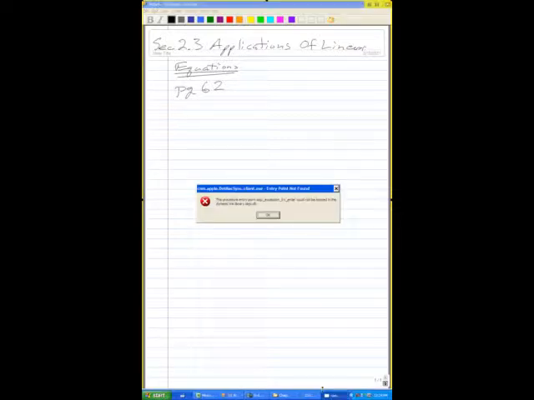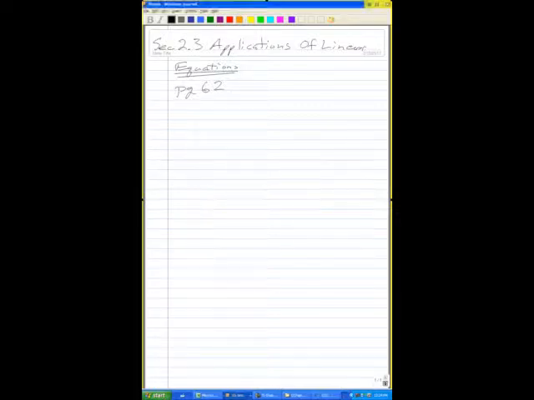So always make some sort of reality check to be sure that the answers that you get make sense. Last year, they were solving an equation that had to do with the age of a parent and the child.